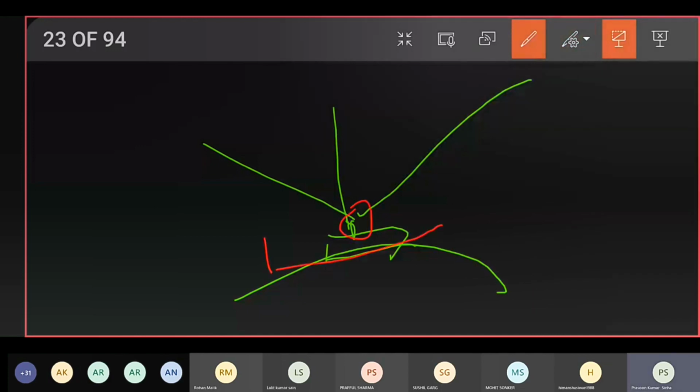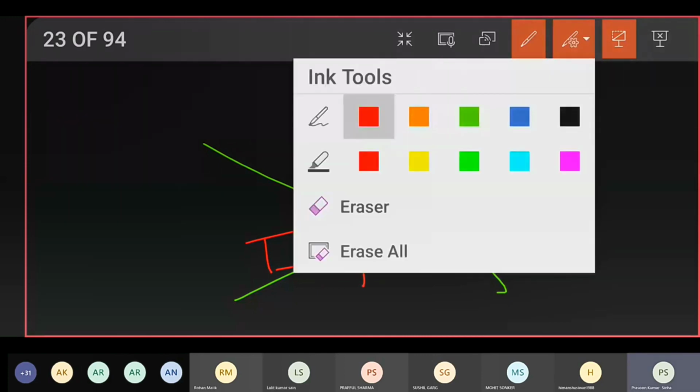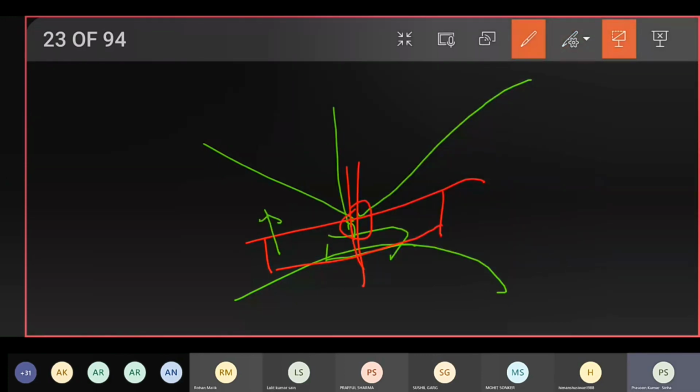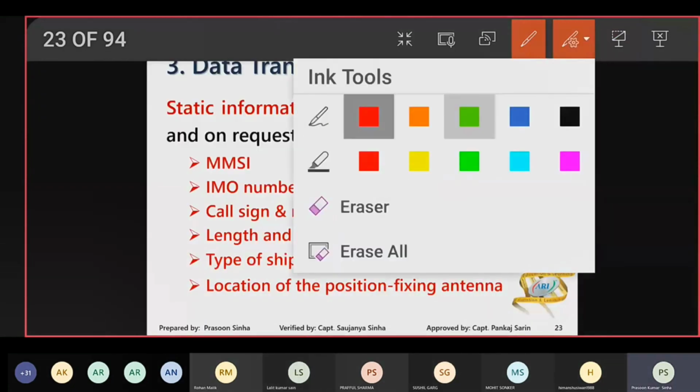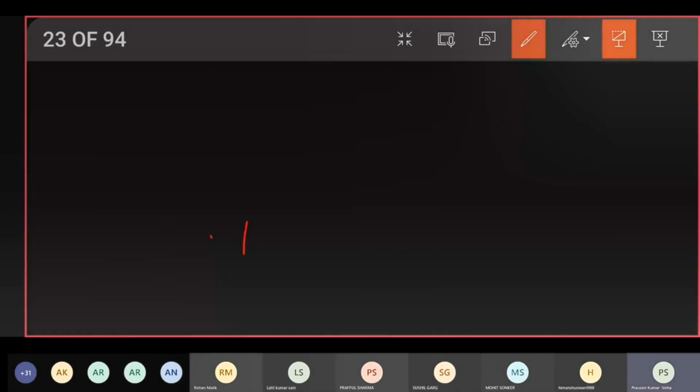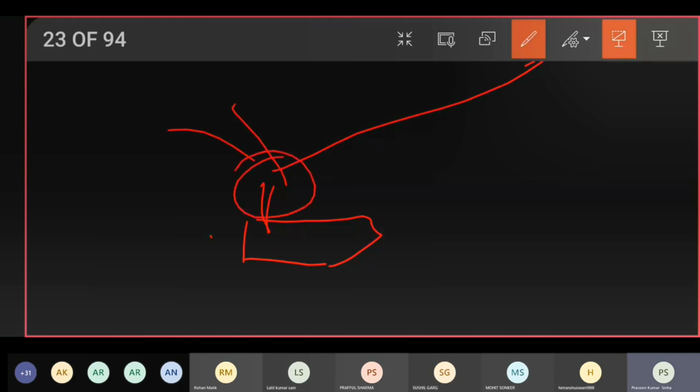If the antenna is fixed here on the ship, the ship's position is here. So where it is located, the antenna is also part of the static data. This is important because this has to be considered when comparing the relativity of the two positions.